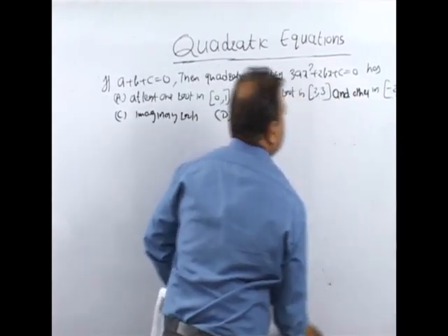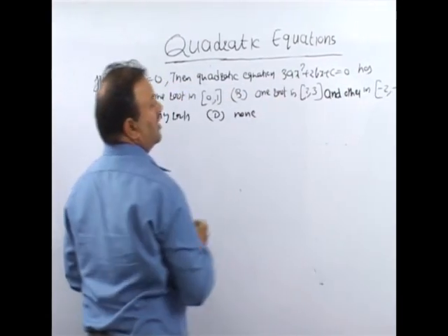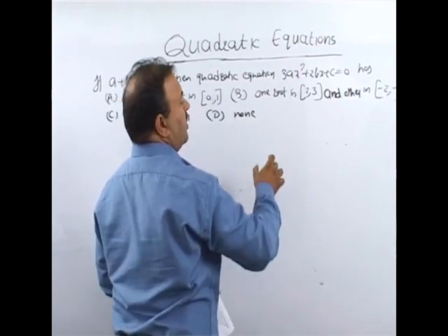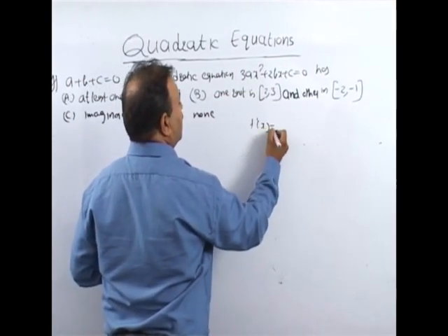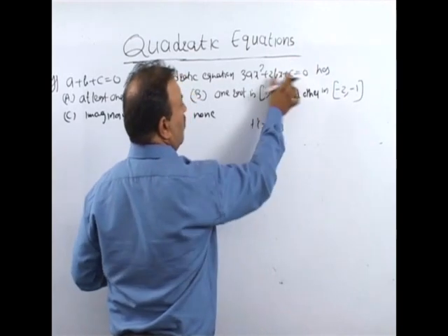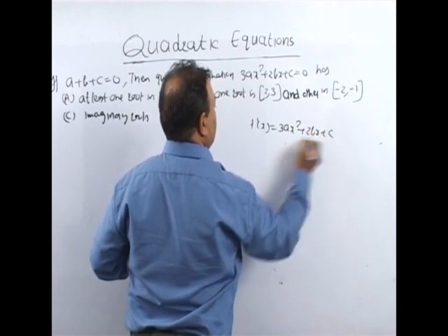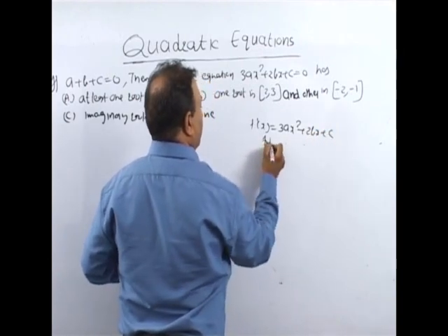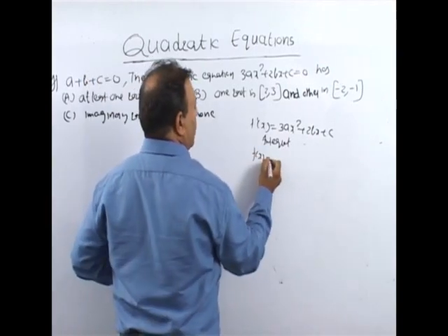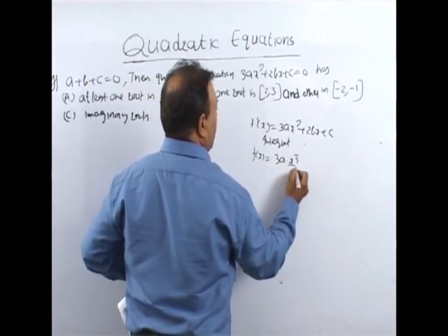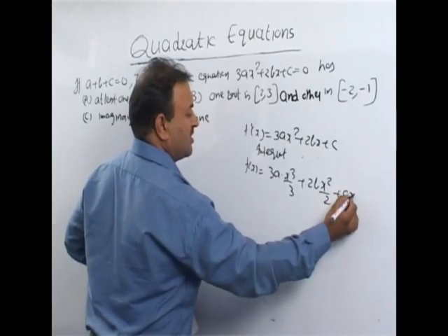Now considering this fact, we have been given the quadratic equation 3ax² + 2bx + c = 0. I take this as f'(x), which is equal to 0, meaning 3ax² + 2bx + c. Now integrate it. Why integrate it? To get our function: f(x) = 3a·x³/3 + 2b·x²/2 + cx.